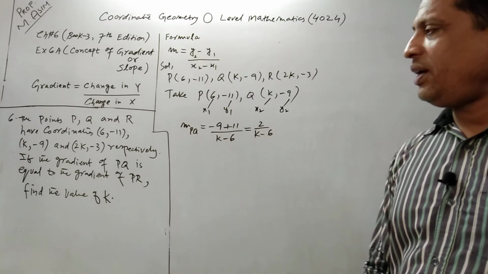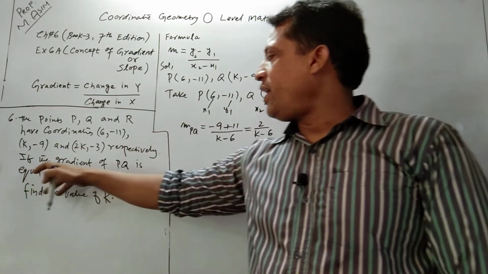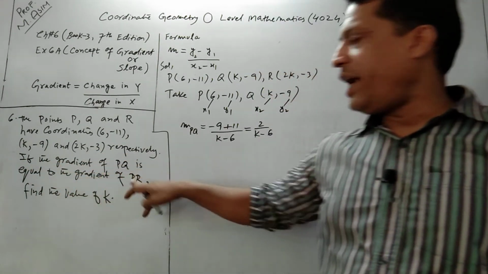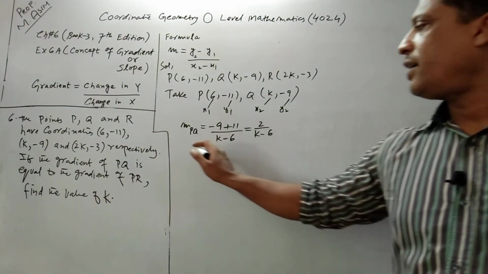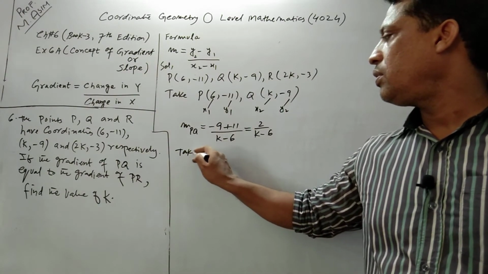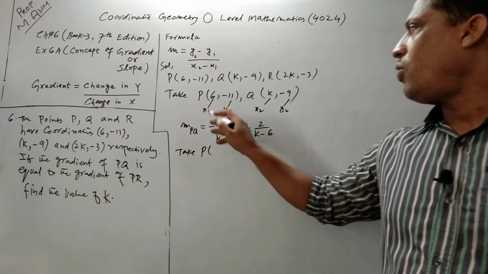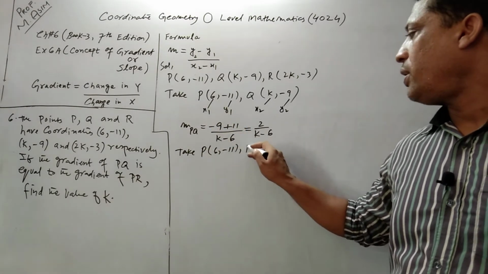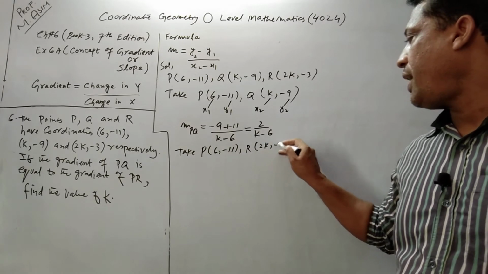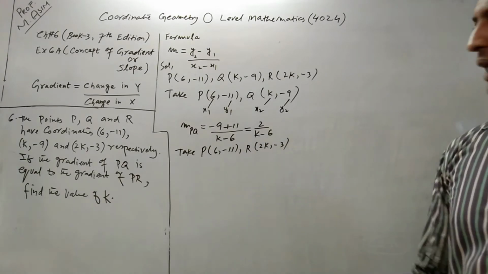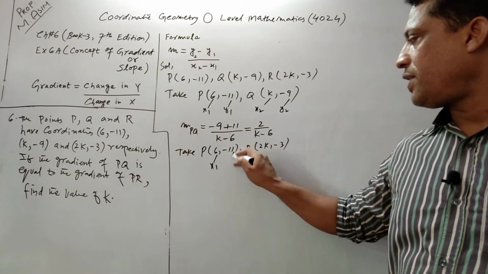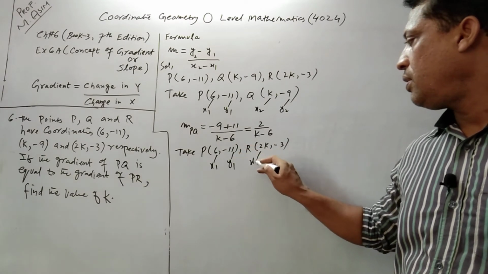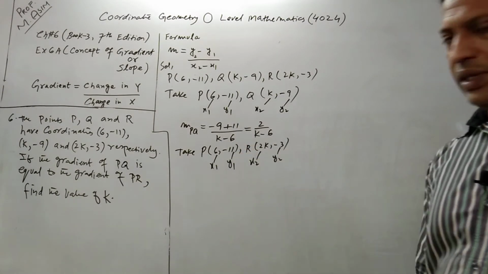What is the next requirement? If the gradient of PQ is equal to the gradient of PR. Now take PR. What is P? (6, -11). What is R? (2K, -3). In this case, this is your X1, this is Y1, this is X2, this is Y2.